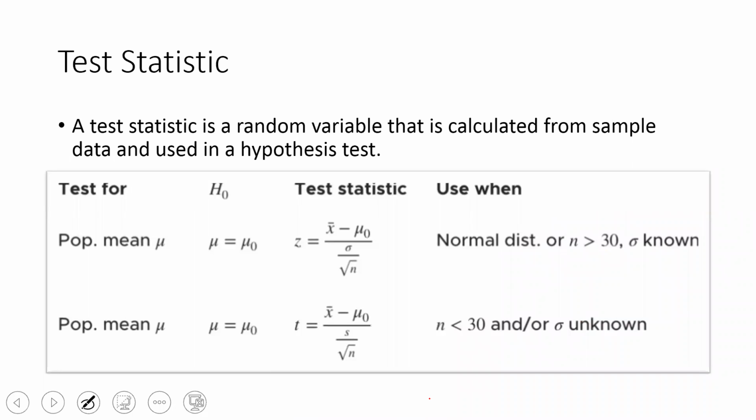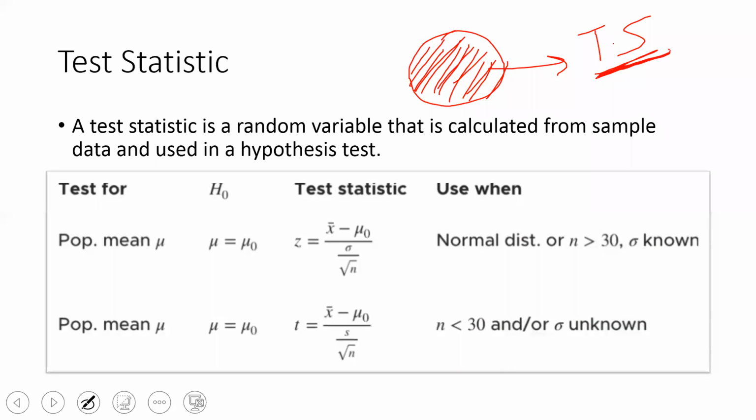Now comes the test statistic. I will take a sample, do my test on my sample, and using this sample I calculate something known as the test statistic. A test statistic is a random variable that is calculated from the sample data and it is used in hypothesis testing.